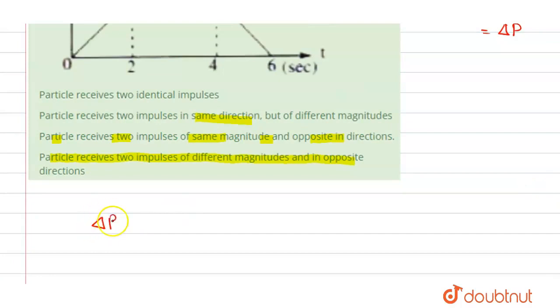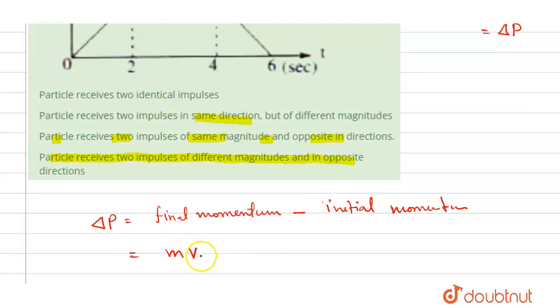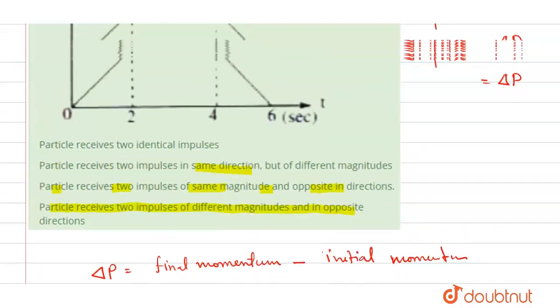Now change in momentum, we know it is final momentum minus initial momentum, or simply mass into final velocity minus mass into initial velocity.